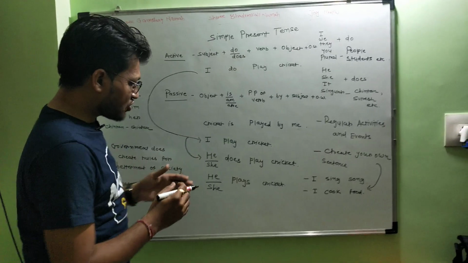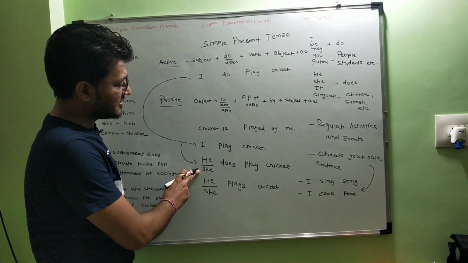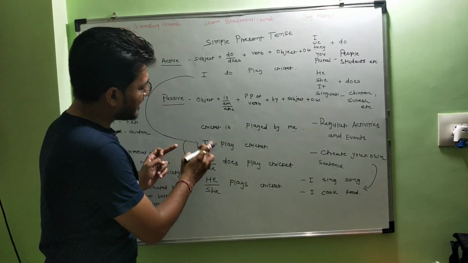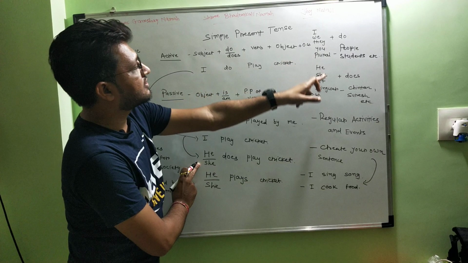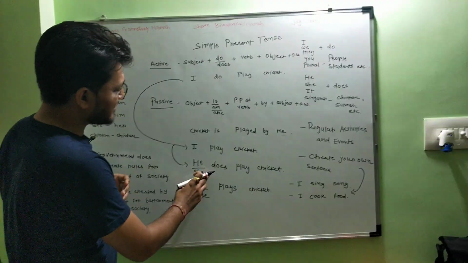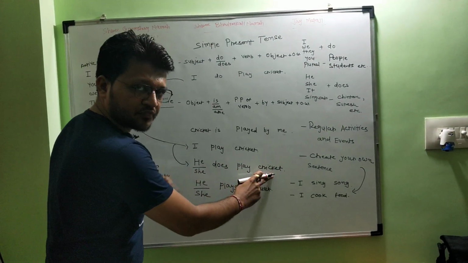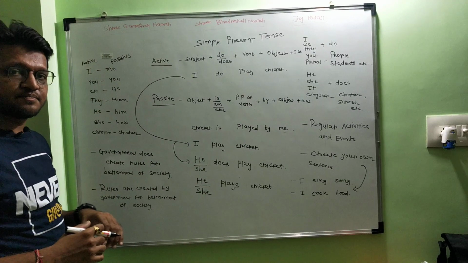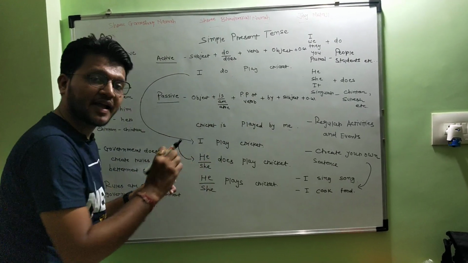Right? Now let's talk about another sentence where I have replaced I with he or she. According to this, with he or she I need to use does. That's why my sentence is: He does play cricket, right? Now ask your mind: does this word does contain any s or es?